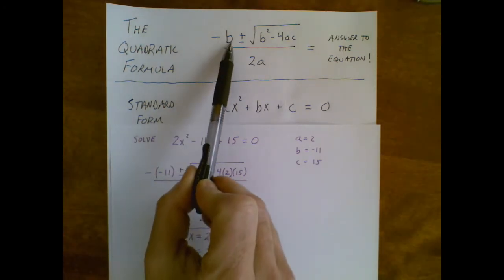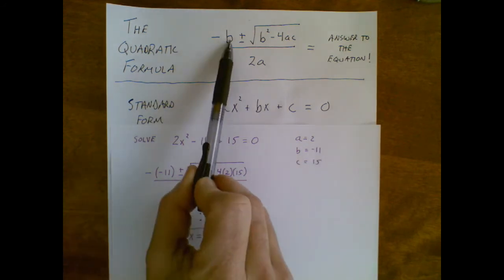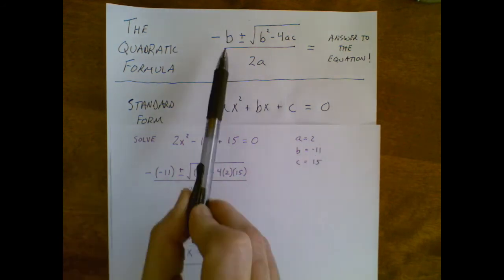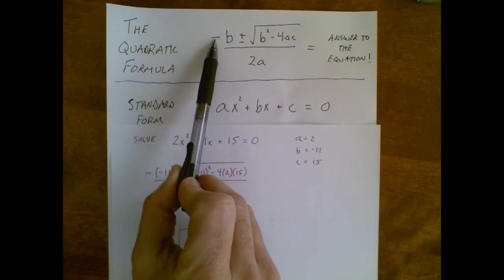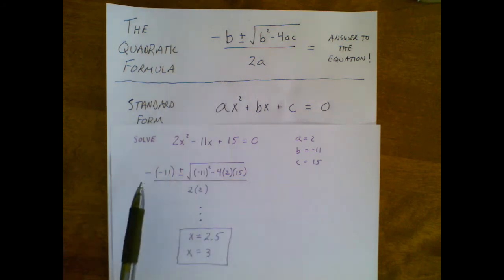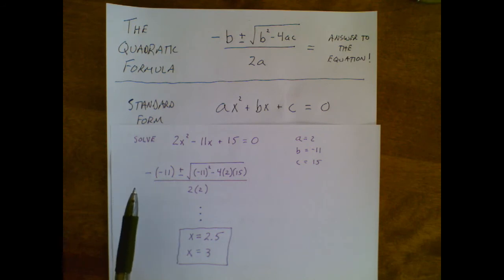For example, the value for b is negative 11. So where I see a b, I want to write a negative 11, but there's also this negative outside that. So what I'm really writing is a negative, negative 11. This is what I mean about being careful, especially with negatives.